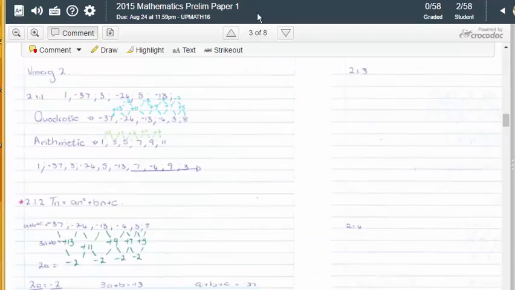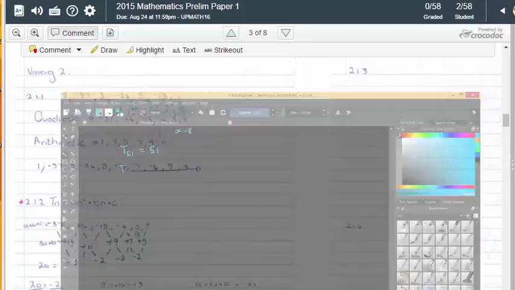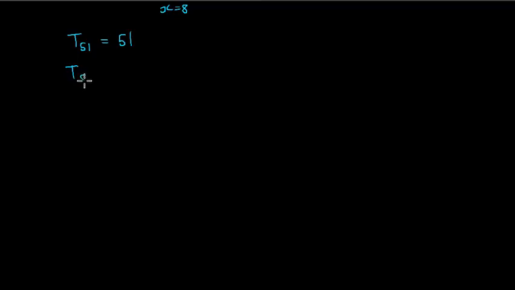You remember you wrote down the first terms, that is the 8th term. 1, 2, 3, 4, 5, 6, 7, 8 is minus 4. So this term 8 is equal to minus 4. So the difference between that is 55. Term 51 minus negative 4 is 55.